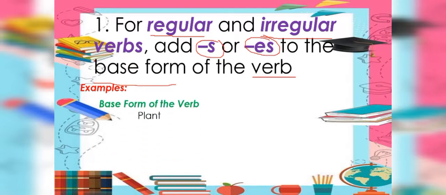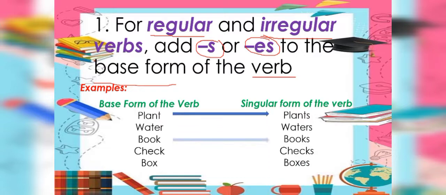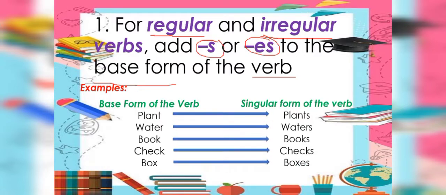For the base form of the verb, we have here the verbs plant, water, book, check, box. And for the singular form of the verb, we have here plants, waters, books, checks, boxes. As you can see, to form the singular form of the verb, this is the base form.